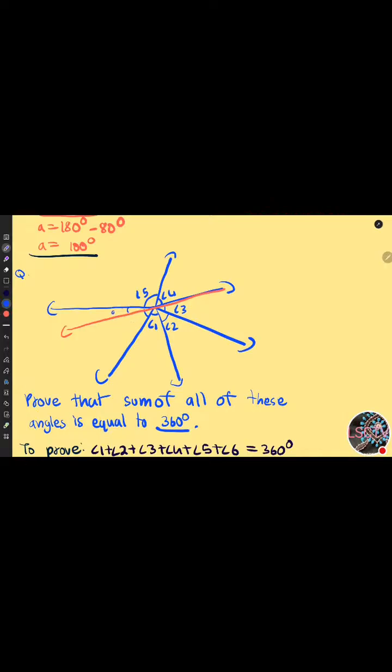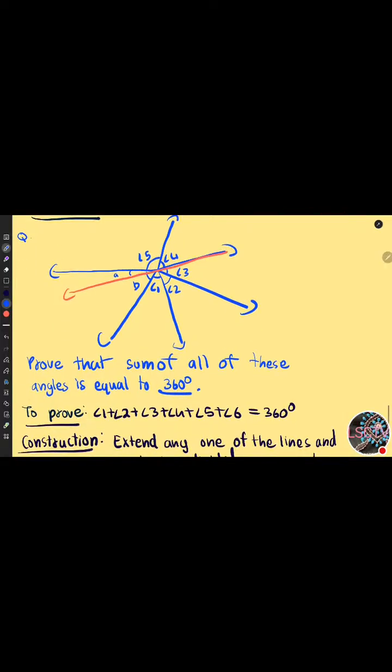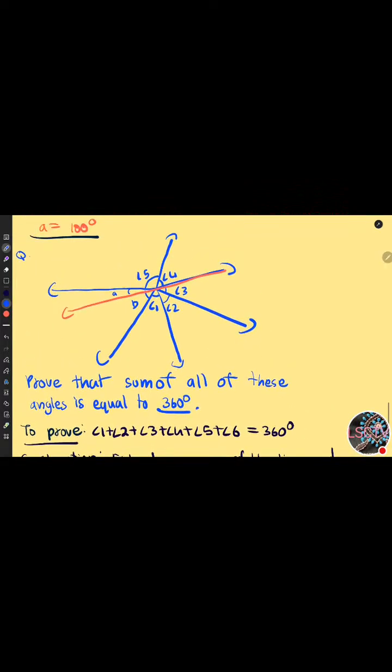Name them angle A, angle B. Now, did you notice these three angles are on a straight line. These four angles are on a straight line. What do you do?